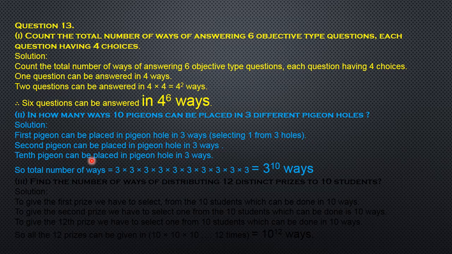The second pigeon can be placed in a pigeon hole in 3 ways, hole 1, 2 or 3. Similarly, up to the 10th pigeon can be placed in 3 ways. So 10 times we want to multiply 3. So 3 into 3 up to 10 times, therefore 3 power 10 ways.